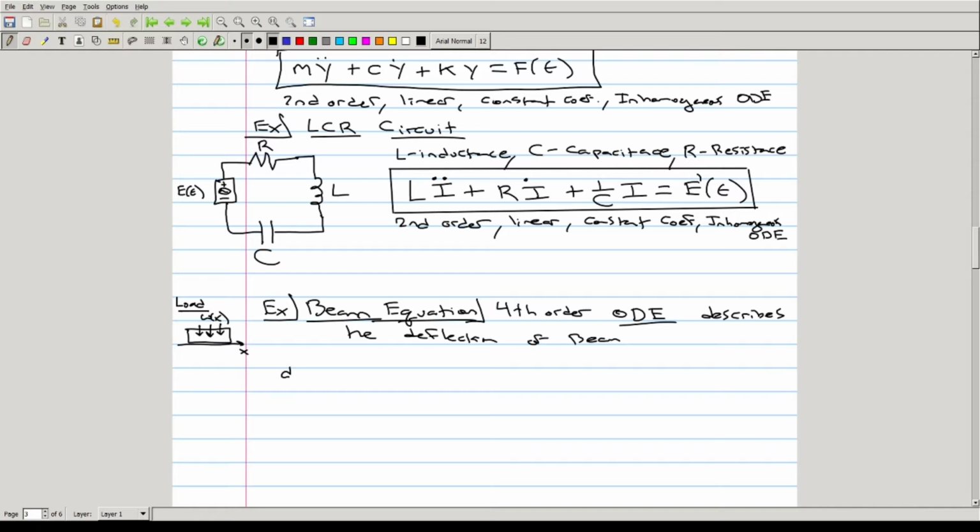This is the second derivative with respect to x of E times I times, we'll call it the deflection of the beam, y of x. It's E times I times the second derivative of y with respect to x, is equal to this function w of x.